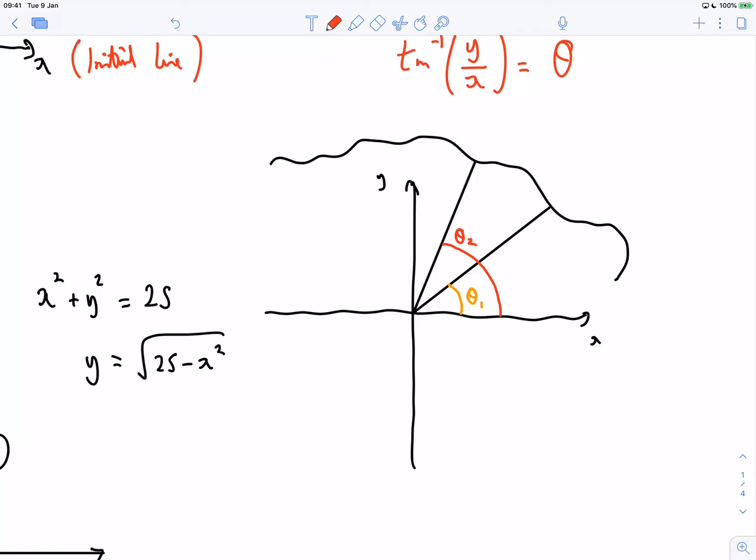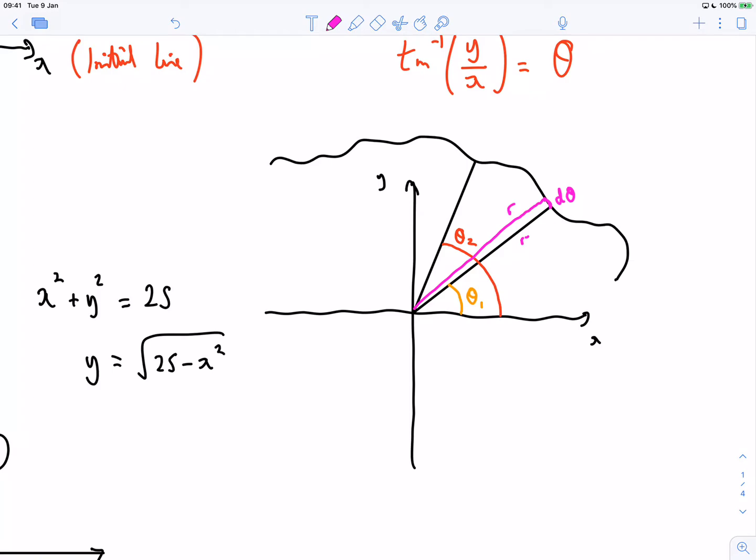Then what's actually happening, if we zoom in, is imagine this infinitesimally small strip with angle d theta, and both of these radii are the same.